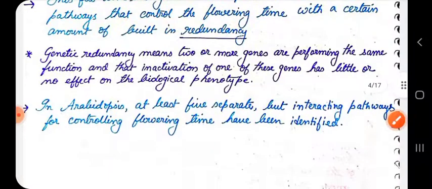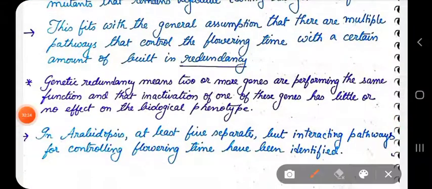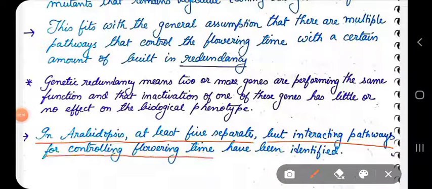In Arabidopsis thaliana, scientists have identified about 5 separate but interacting pathways for controlling the flowering time.